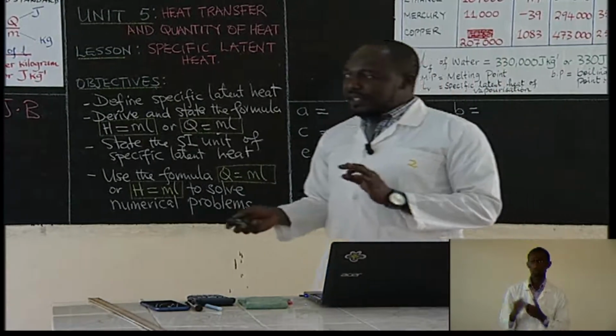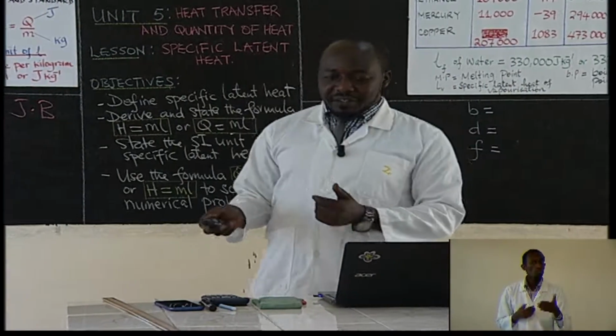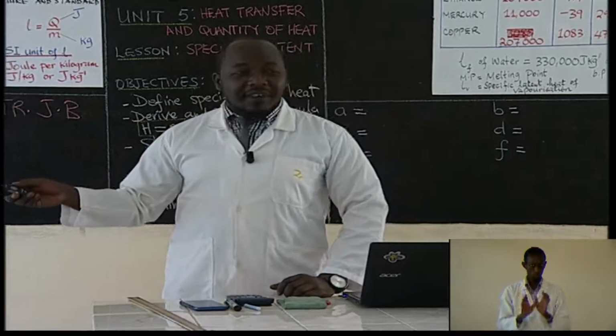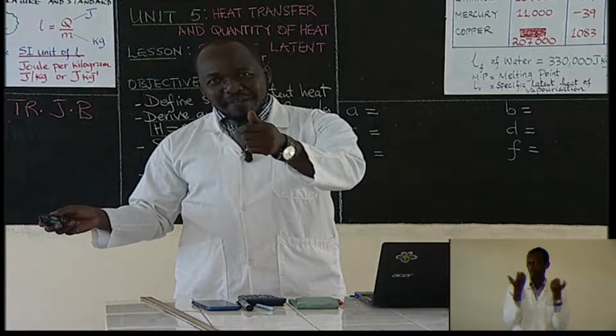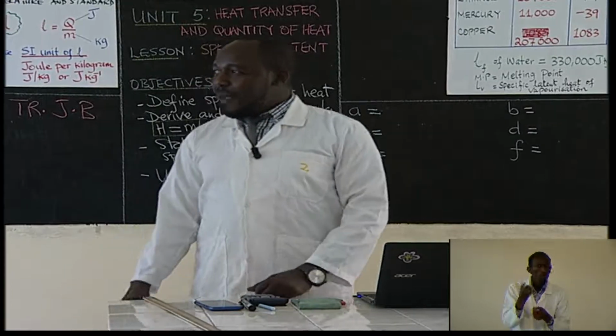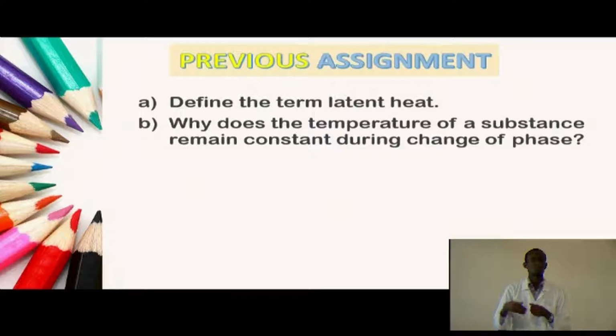Now, before we embark on today's lesson, there was a wonderful assignment that I left you with last time. You should remember. One of the questions, part A, was asking, define latent heat.